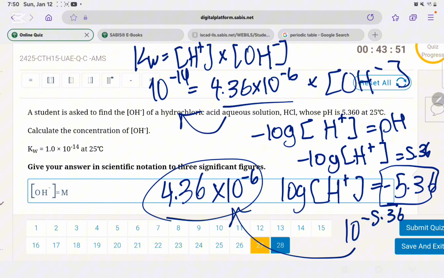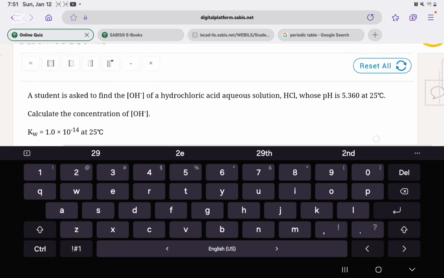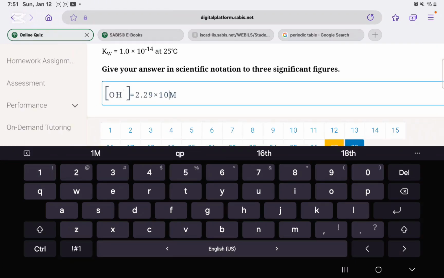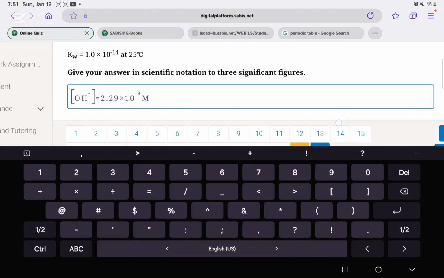Put that to the other side, you get 2.29 times 10 to the power of negative 9. Okay? 2.29 times 10 to the power of negative 9.